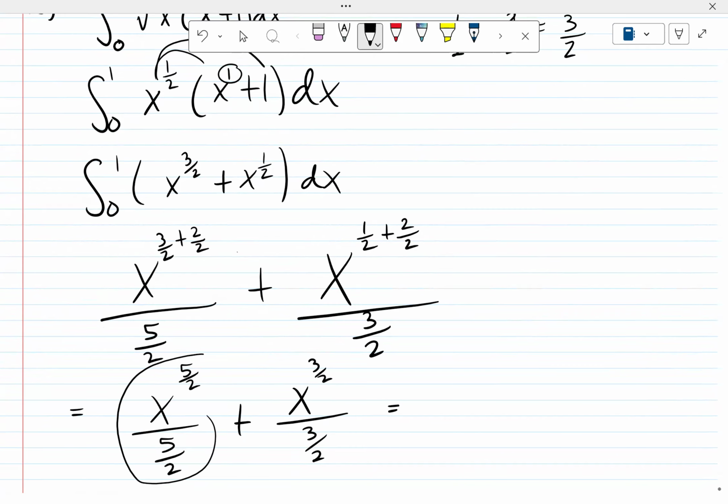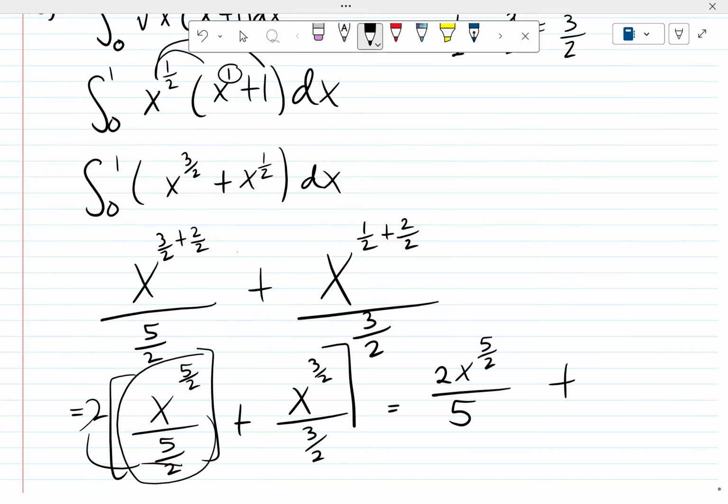I guess you can multiply both sides by 2. So this will become 2x to the 5/2 over, and 2 times 5/2, the 2's cancel each other, 5. Plus over here we have also a complex fraction. If we multiply this by 2, it's going to be 2x to the 3/2 over 3.